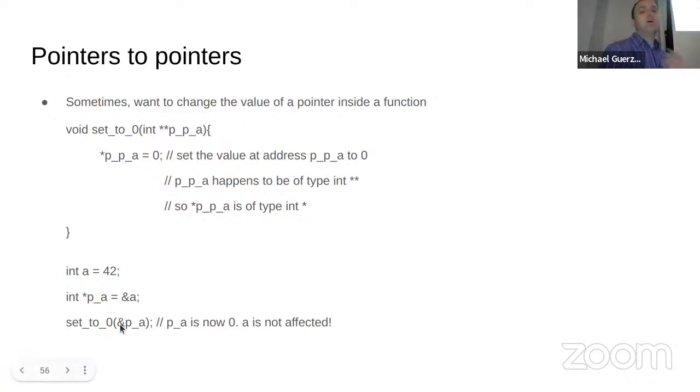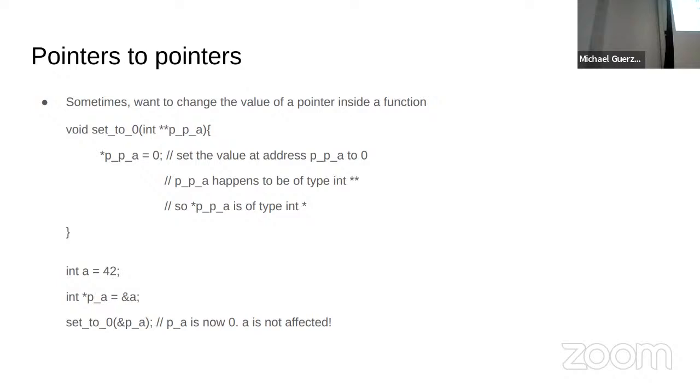So the value address of PA is an address which happens to store a value which is of type int star. So it's an address of a value which itself happens to be an address. In other words, PPA here is the address of the variable PA. It also happens that PA is itself an address, but that is not important at this point, right?